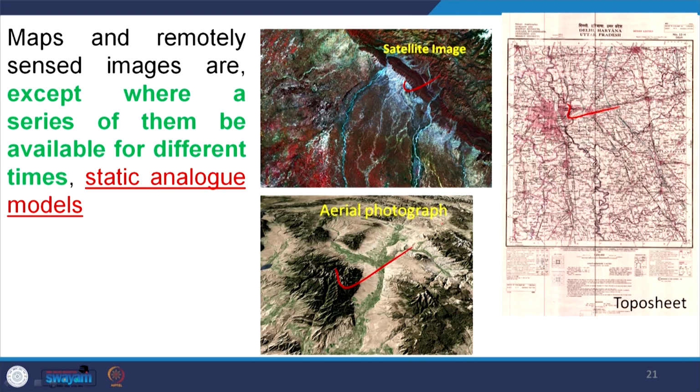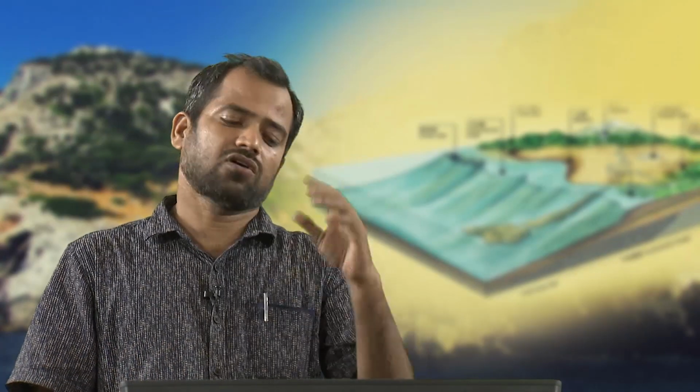They are called the static analog models that we have discussed. That means if we consider only one time of those maps, topographies, aerial or satellite images, or aerial photographs, that is called a static system or static model.